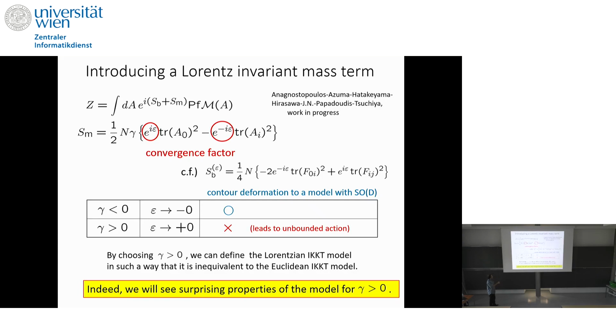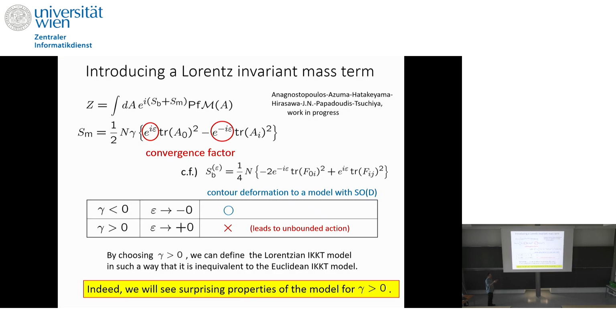Okay, and then the statement is that when gamma is negative, then it's more or less like this pattern, right? Because we can just make epsilon negative to make the integral finite. And moreover, since this and this are in the same direction, we can basically do the same contour deformation to arrive at the Euclidean version, namely with SO(D) rotational symmetry.